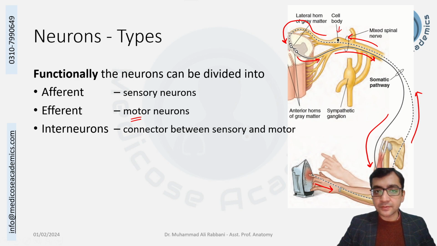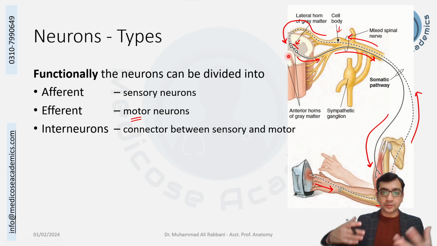That leaves us with the neurons that are present within the central nervous system. These are called interneurons because through various connections in the central nervous system they are connecting ultimately. It may be a single neuron in the case of very simple reflex pathways, and there are lots and lots of neurons in processes like conscious thinking.